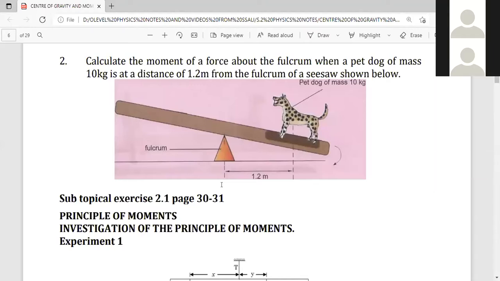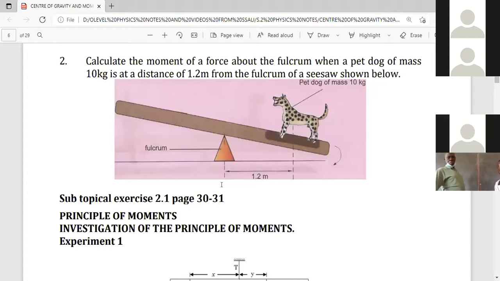Kwase Kelly, unmute and submit. Calculate the moment of a force about the fulcrum when a pet dog of mass 10 kilograms is at a distance of 1.2 meters from the fulcrum of a seesaw shown below. Thank you so much, Kelly.